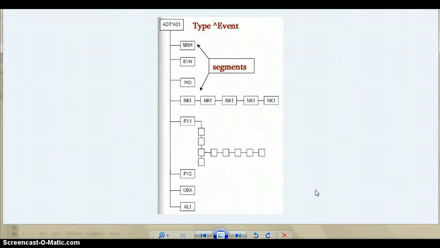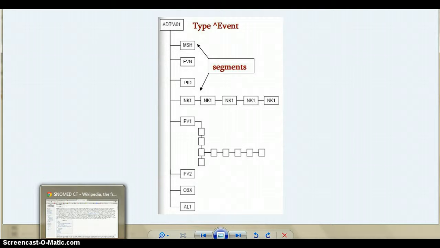It's comprised of a group of segments in a defined sequence, and each message has a message type that defines its purpose. HL7 provides a message structure for each message, so this makes it straightforward for everyone using the system to know what way the message is to be written, or can be written if necessary.